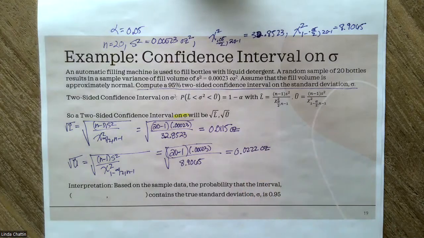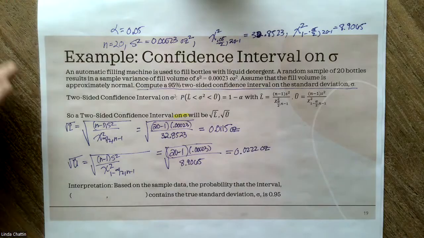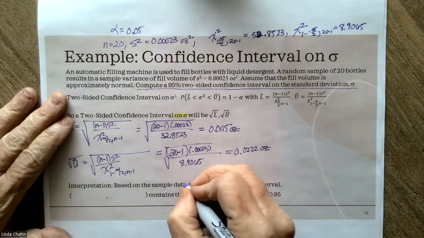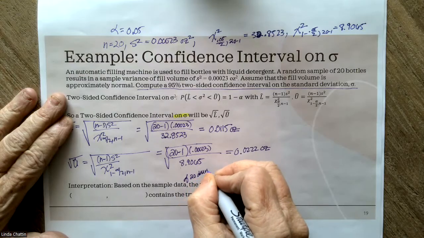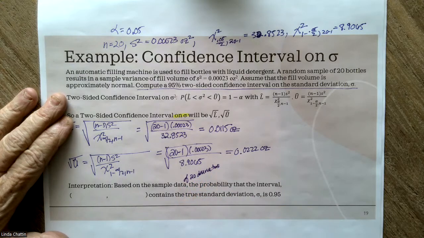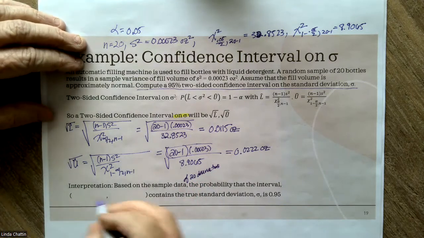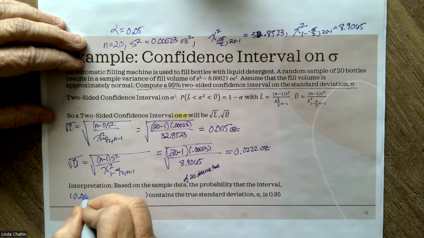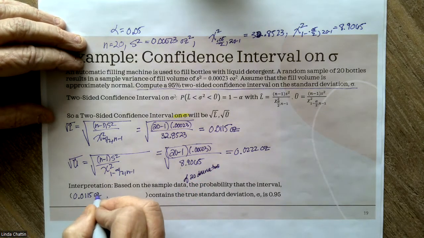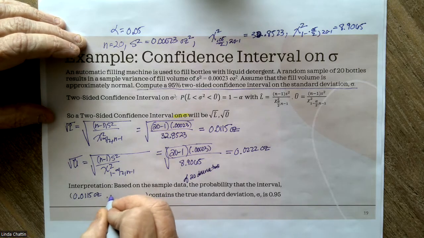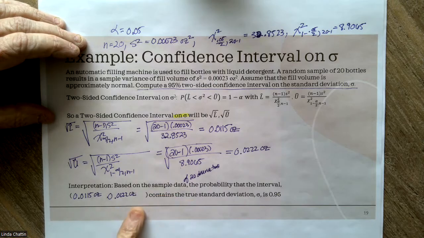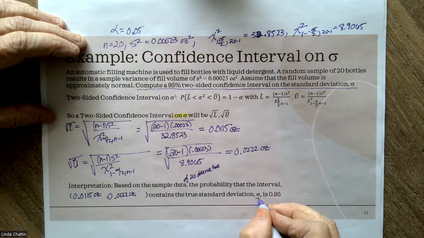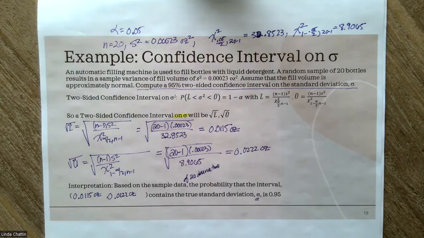So if I had to report this in a meeting, if I worked for this company, I'd say, based upon the sample data of 20 observations, the probability that this interval, 0.0115 ounces up to 0.0222 ounces, contains the true standard deviation is 0.95.